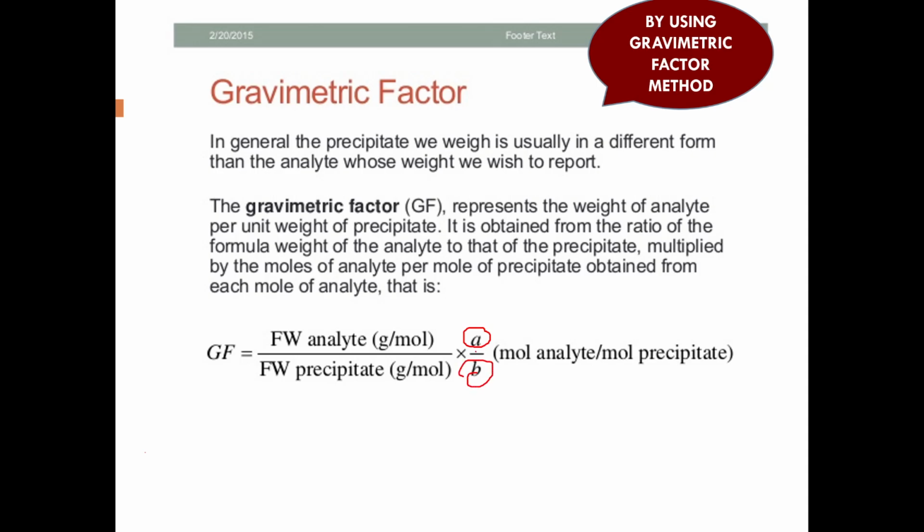Basically A is how many atoms of analyte in the precipitate, and B is how many atoms of analyte. Okay, in the next slide I will explain how to determine A and B.